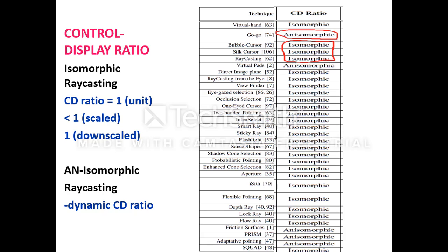So if you move 1 meter in the physical space, you move 1 meter in your virtual space. But in an anisomorphic raycasting technique, such as in the GOVA technique, the CD ratio is dynamic. So you can move only a centimeter, but you actually move a meter in the virtual space. This is good for selecting distant objects that are far off by just stretching your virtual arm, which you cannot do with your physical arm, obviously.